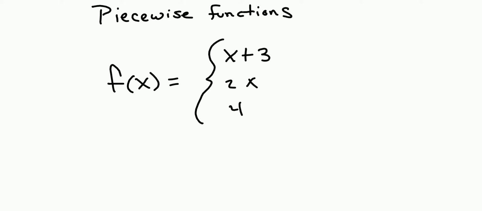And then you'll sometimes see the word if afterwards, or you'll see a comma like that. I'm just going to use if for right now. So x plus 3 if x, we'll say, is less than or equal to negative 2.